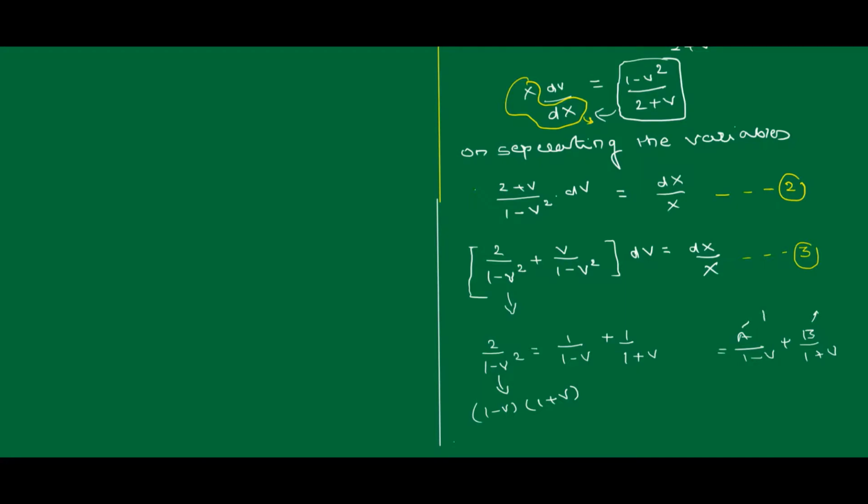So therefore, I have written here directly, and v divided by 1 minus v square, we can also write it as 2v divided by 2 into bracket 1 minus v square, that is multiply and divided by 2, or if you multiply and divided by minus 2 also.